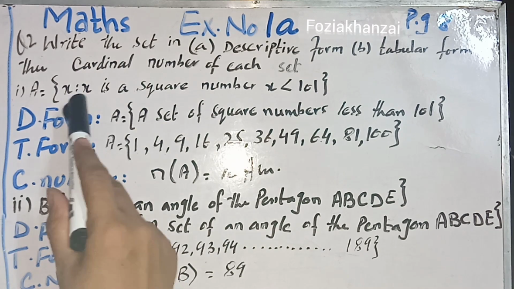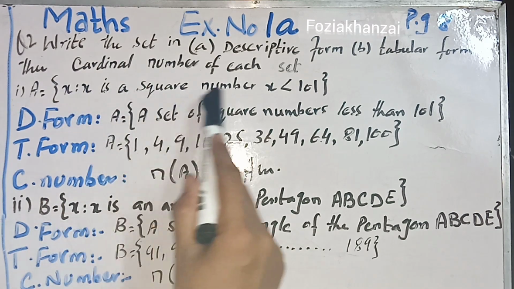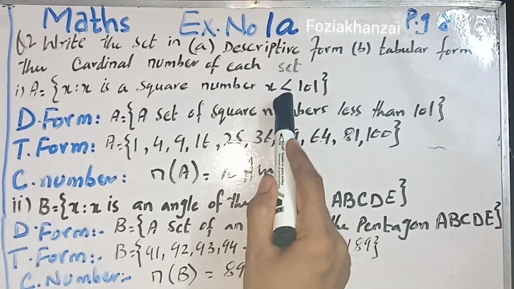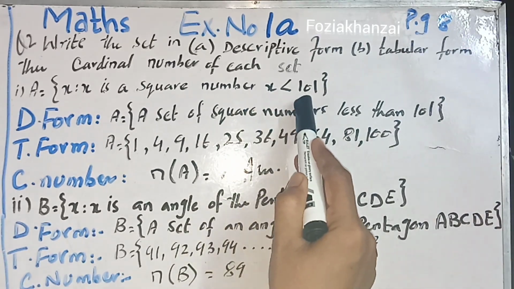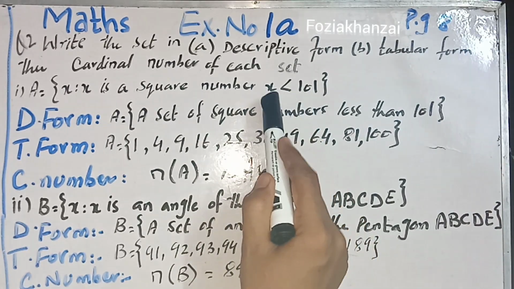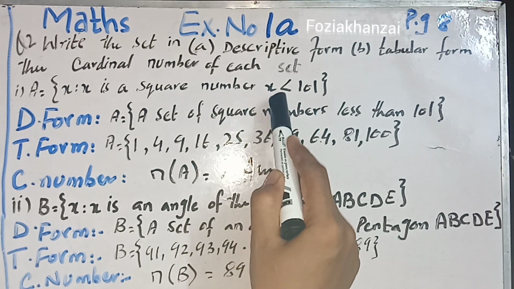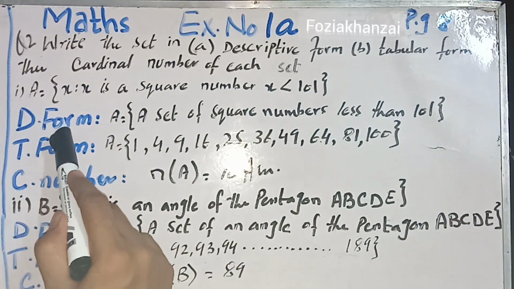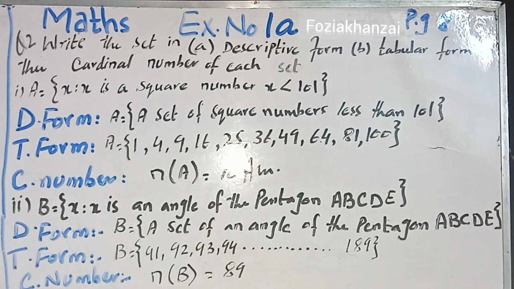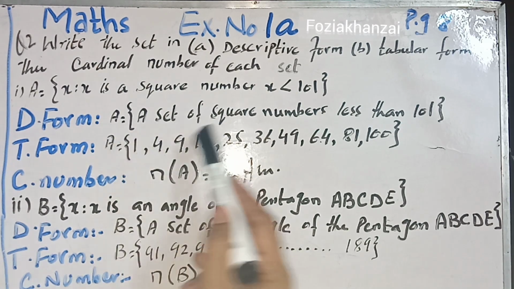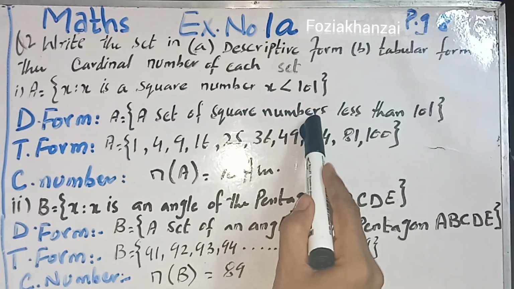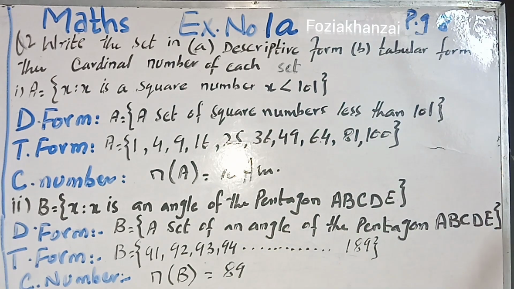So first part: x such that x is a square number, x less than 101. This symbol shows x less than. D means descriptive form. Descriptive form means describe it, explain it: a set of square numbers less than 101.